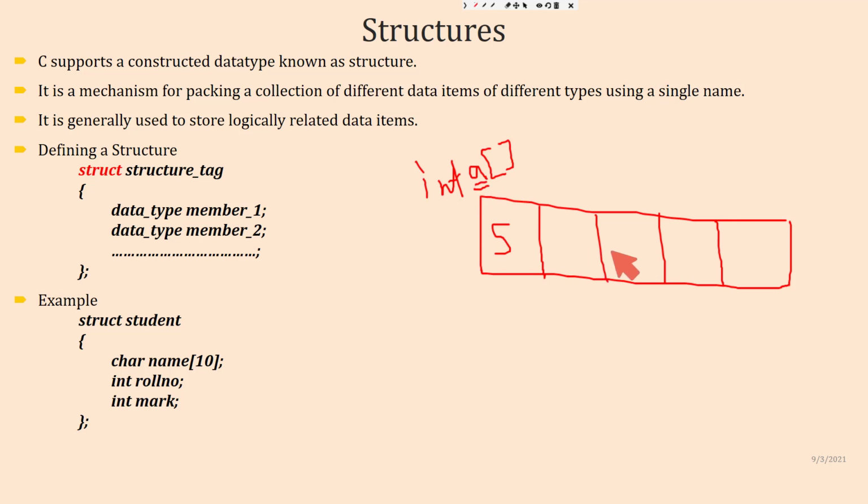Each and every cell will contain the same data type. But in a structure, we can pack different data items of different data types using a single name. That is called structure. It is generally used to store logically related data items.